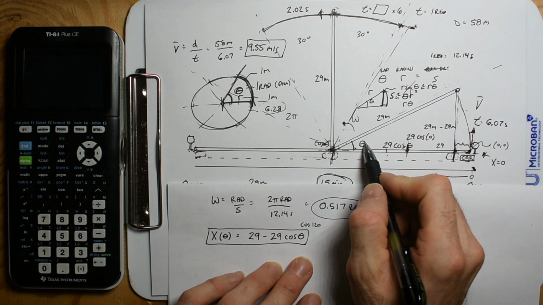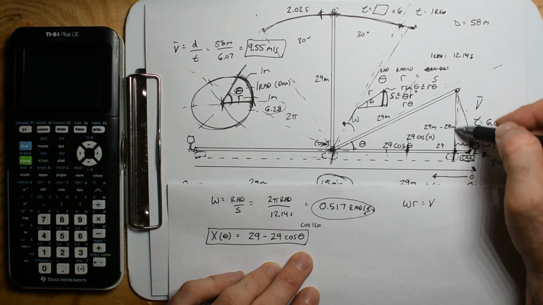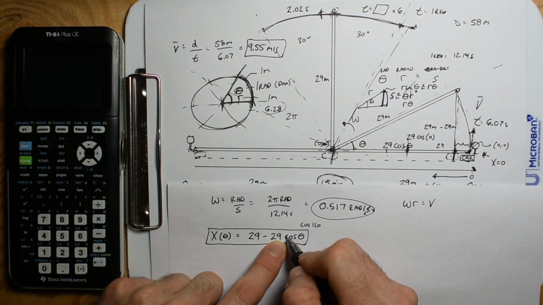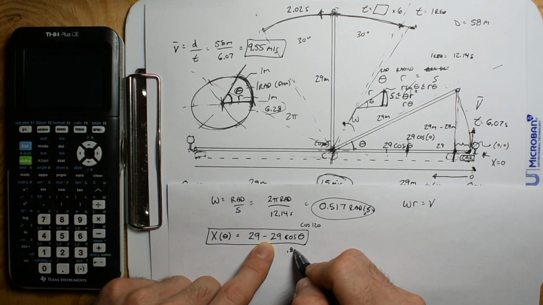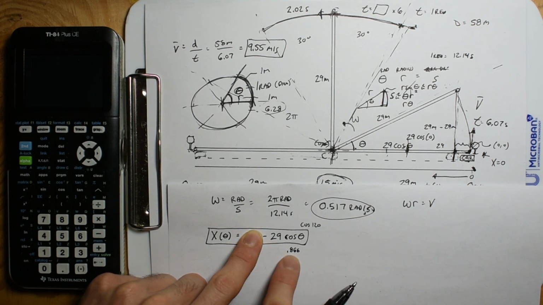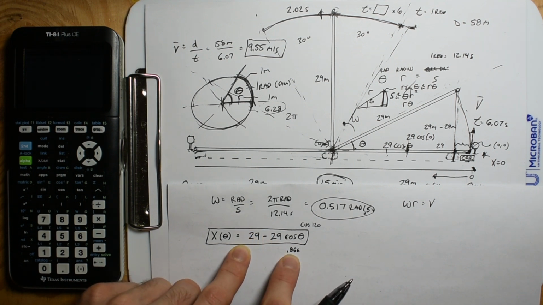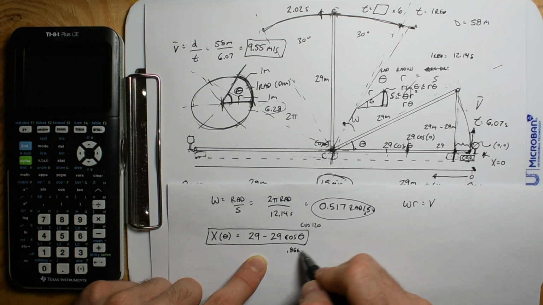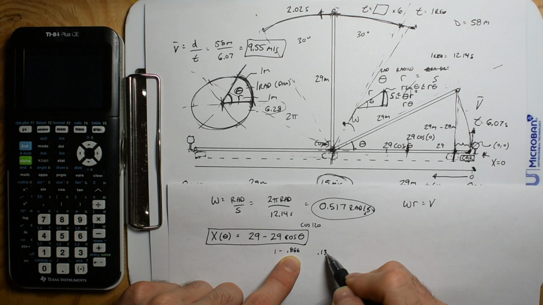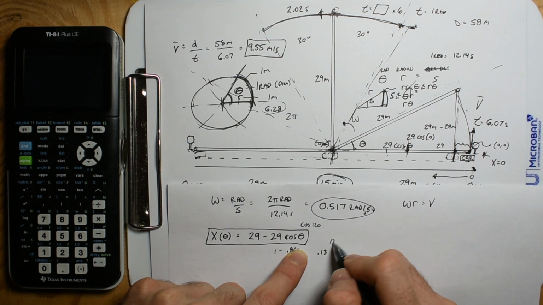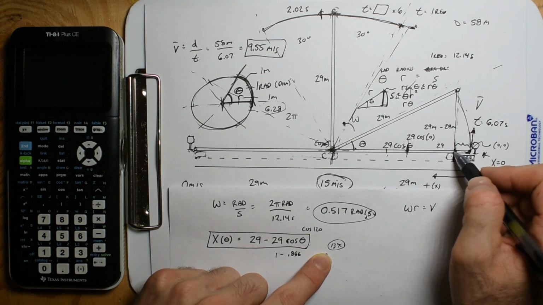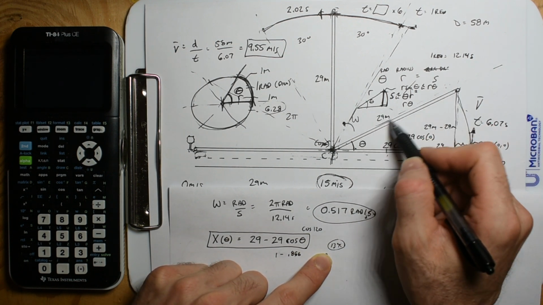If this angle is 30 degrees, cosine of 30 is going to be about 0.866, 86.6%, of the 29. And 1 minus 0.866 is 0.13, so it's about 13%. So at 30 degrees, we're only going 13% of this 29 meters.